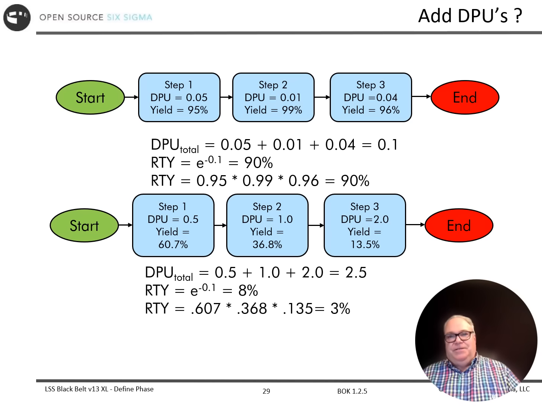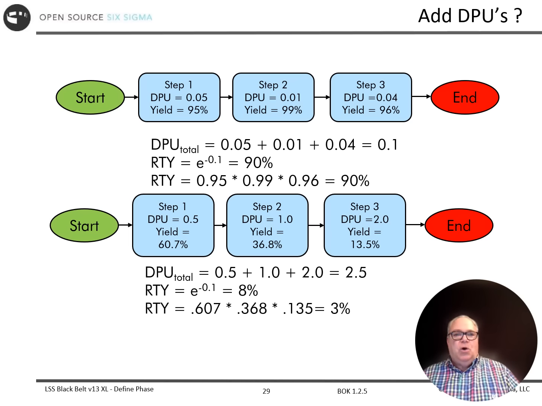So e to the minus 0.1 is 90%. And lo and behold, I get the same answer adding up the DPUs as I do cross multiplying the yields. So 95 times 99 times 96 also gets me 90%.